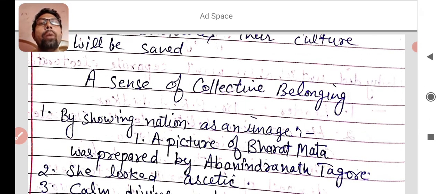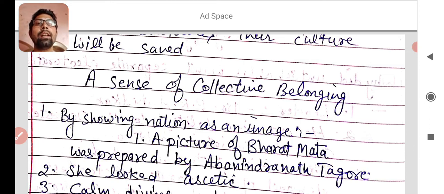Next, a sense of collective belonging by showing the nation as an image is known as visualizing the nation. You learned in the first lesson, Nationalism in Europe, about showing a nation as an image. Now, what type of image was shown during nationalism in India? A picture of Bharat Mata was prepared to visualize the Indian nation.